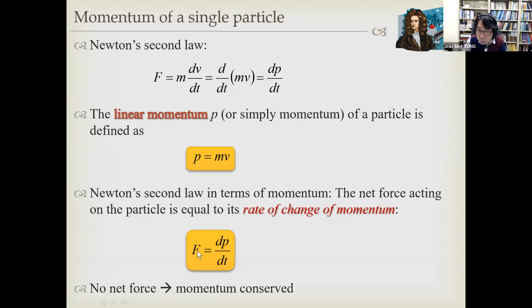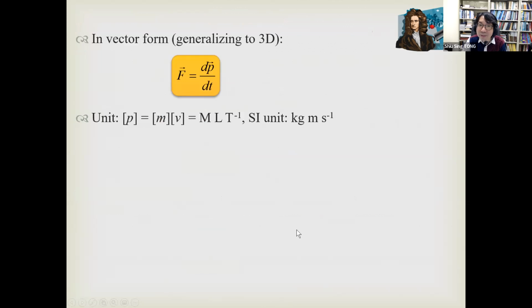Because when F is 0, dp/dt is 0, and if the time derivative of p is 0, it means that p is a constant, and that means the momentum is conserved. For a single particle, it corresponds to the situation where the velocity of the particle doesn't change.